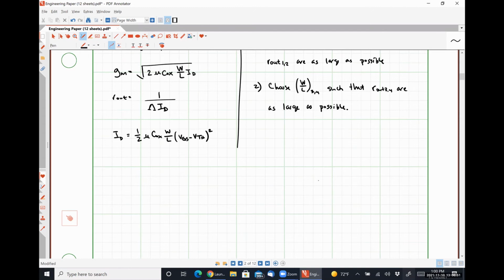Because that's our channel length modulation coefficient. It is a measure of the change in the channel length, or the relative change in the channel length with respect to the actual channel length, right? So if we make our channel significantly longer, gamma represents a smaller change.